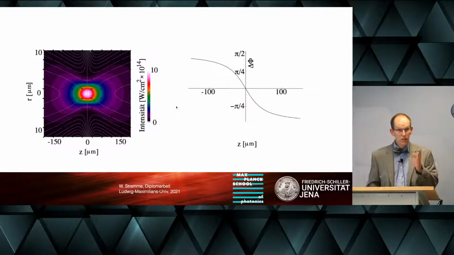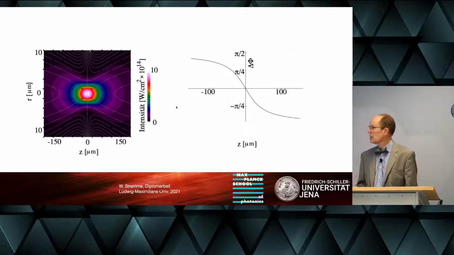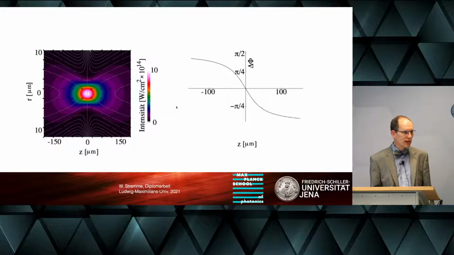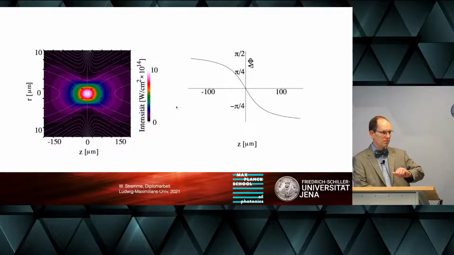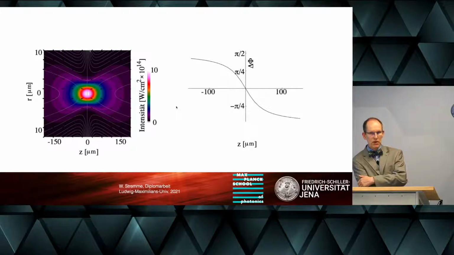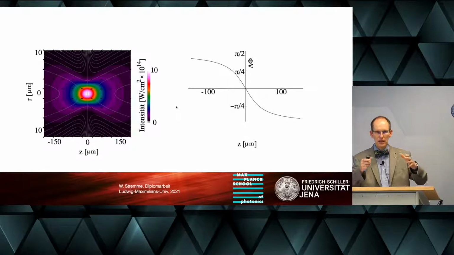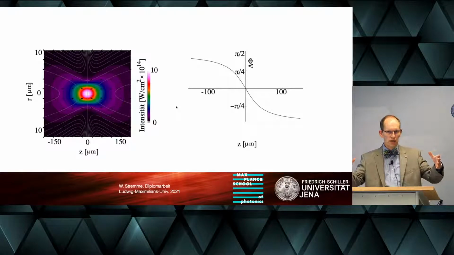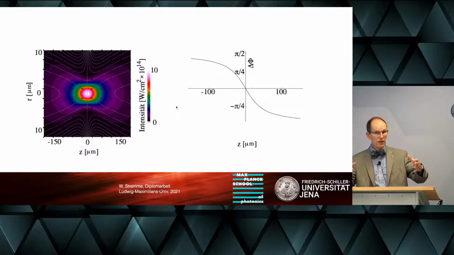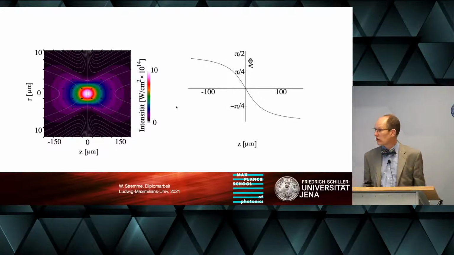So this holds for monochromatic beams. If we have a few-cycle laser beam, then things get complicated, because if it's a few-cycle pulse, then it can span an entire optical octave, so basically the entire visible range.